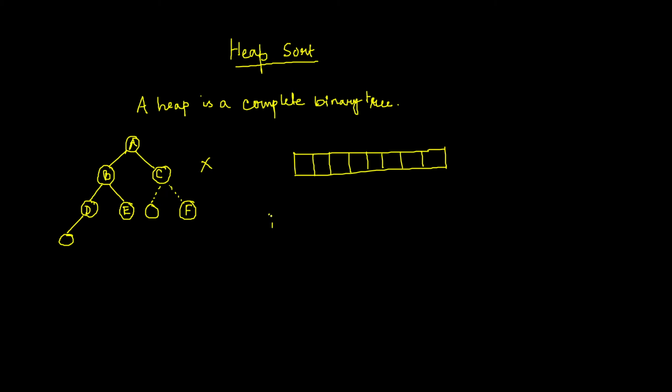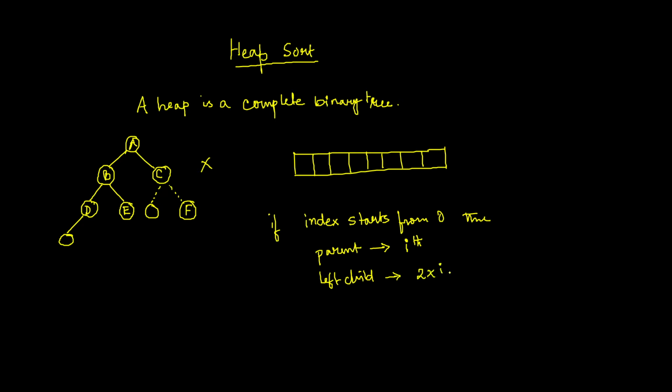If the index starts from 0, and the parent is present at the ith index, then the left child should be present at index 2 into i plus 1, and the right child should be at index 2 into i plus 2.